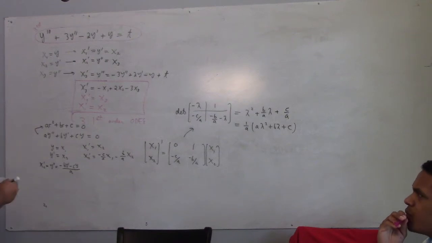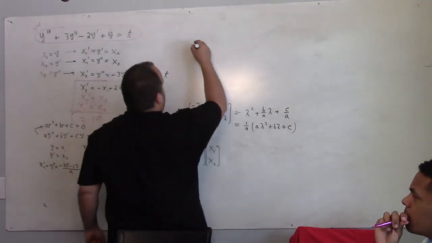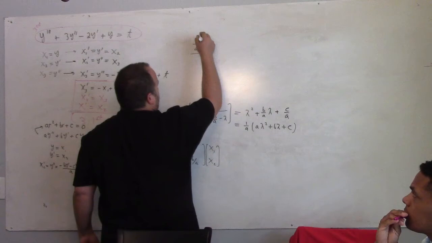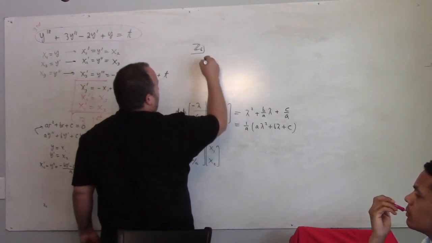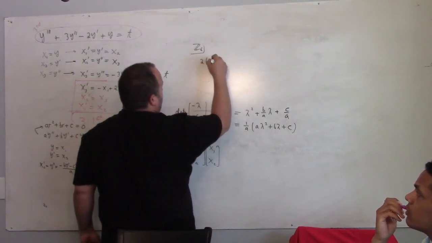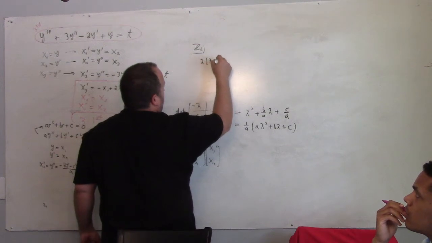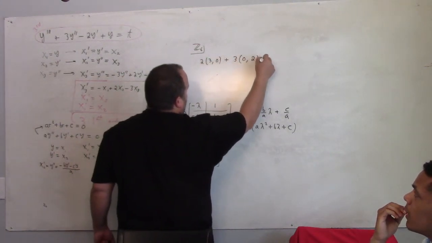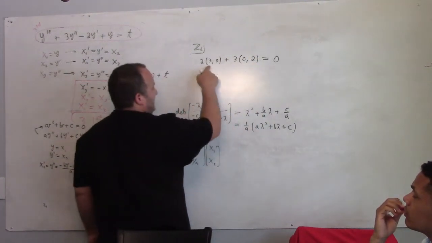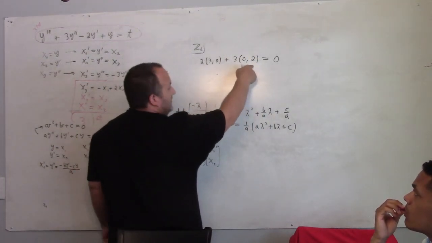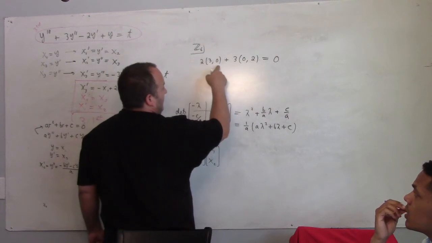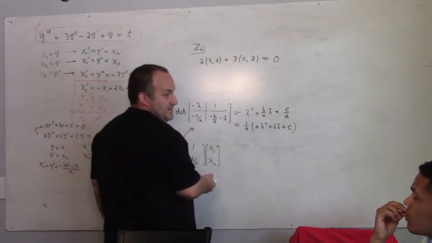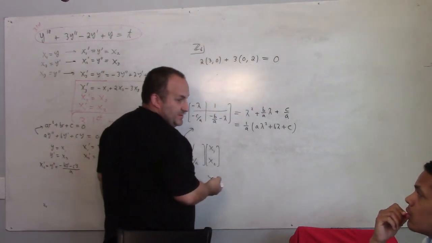That just makes things a lot more tricky though. It does. So over Z6, for example, we could have stuff like 2 times (3, 0) plus 3 times (0, 2). Well, that's 0 because this is 0 and that's 0. And yet certainly there's no way you can write (3, 0) as a multiple of (0, 2).